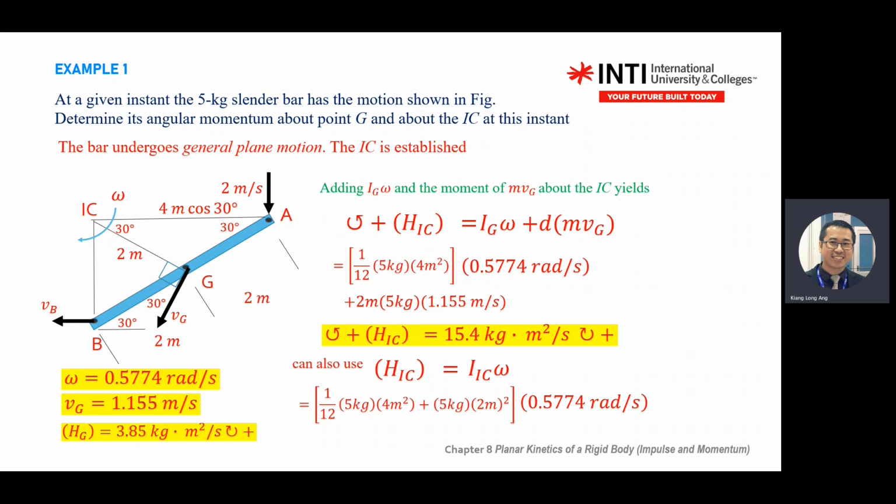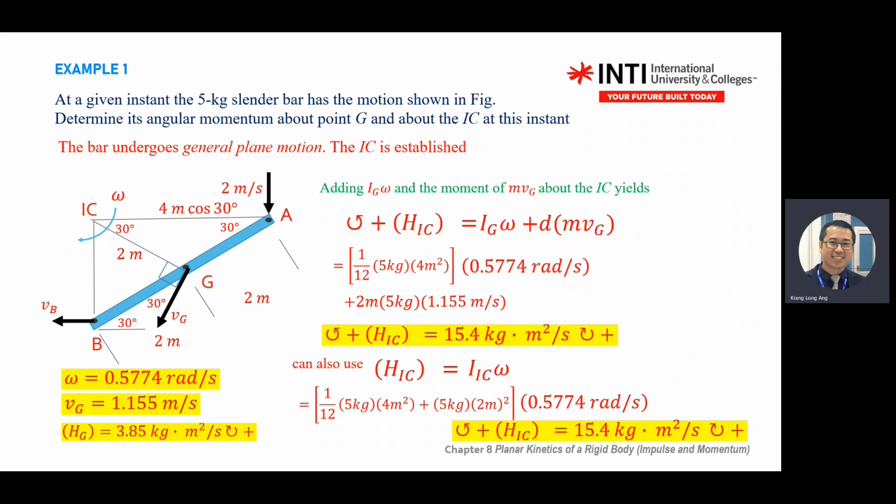IO equal to IG plus MD square. This is IG plus MD square. Just need to pay attention to this one. You still get the same answer.